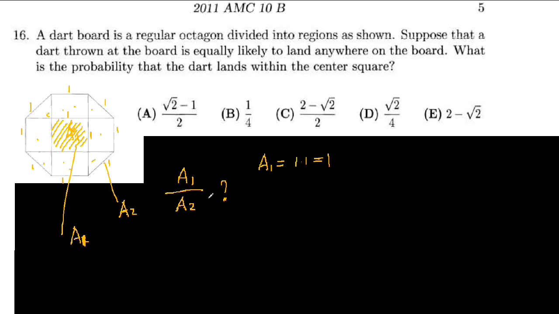Now what is A2? A2, the total area, can be thought of as this A1, right? Plus, you have those. How many of these? 1, 2, 3, 4 of these triangle areas, right?